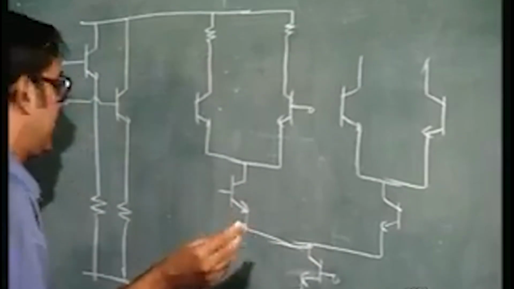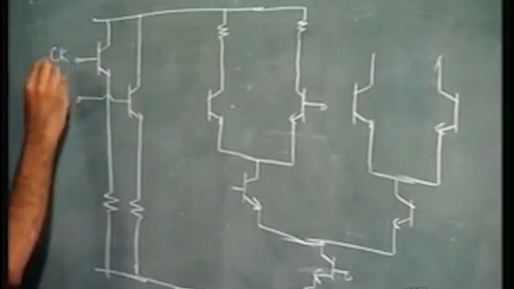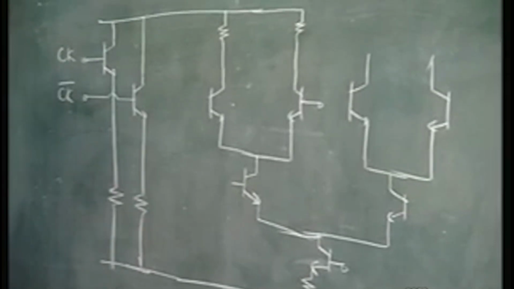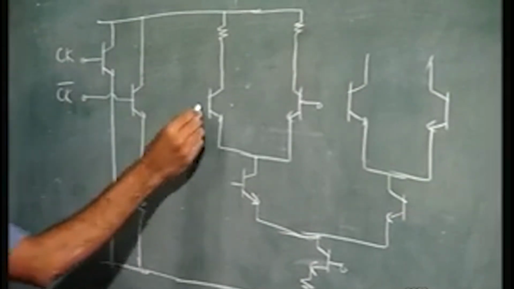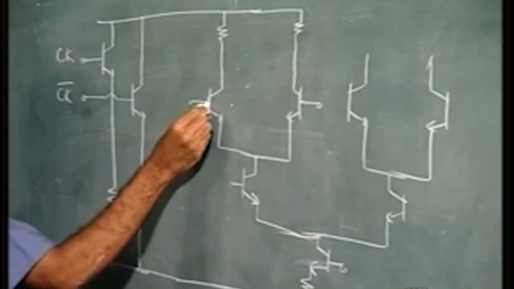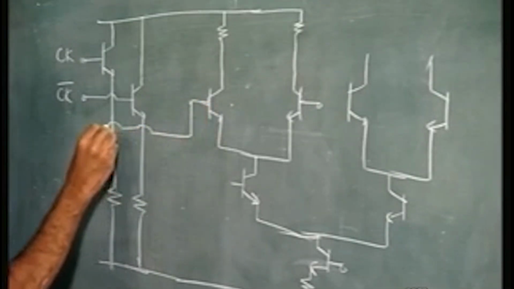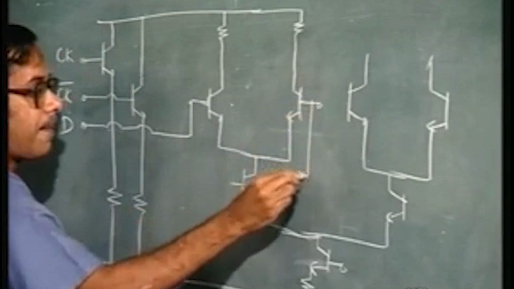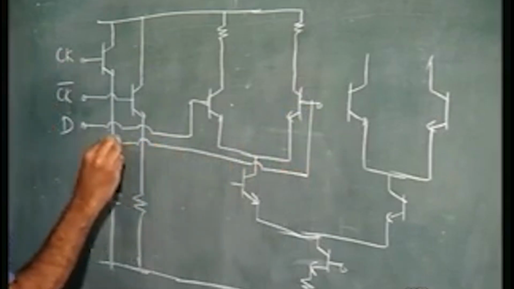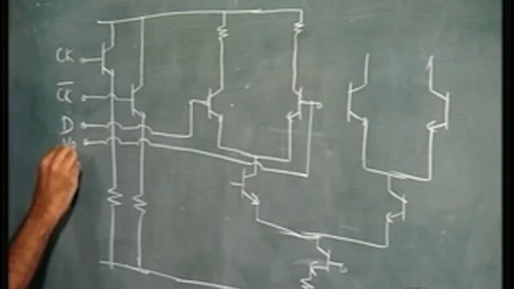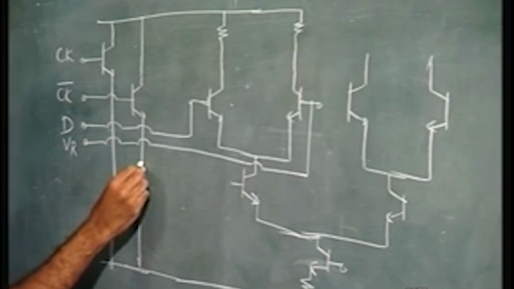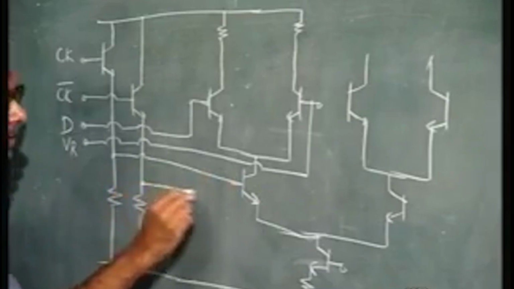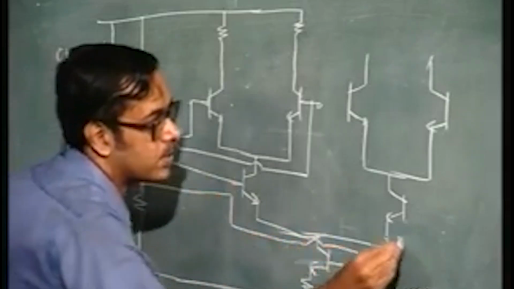and these are the clock inputs, clock and clock bar, and so here you have one is the D input, and the other is the reference voltage VR. The clock, one of the inputs goes here and the other input goes here, clock bar.